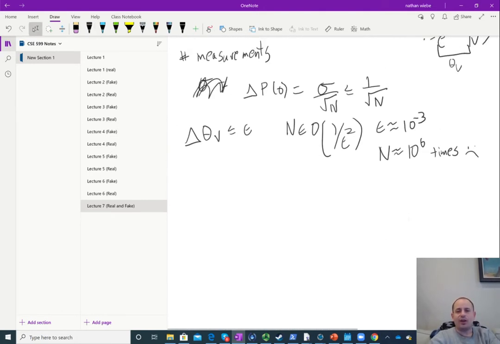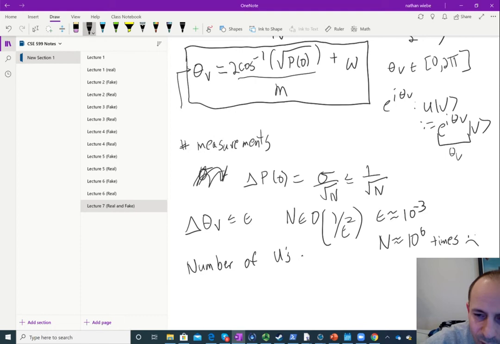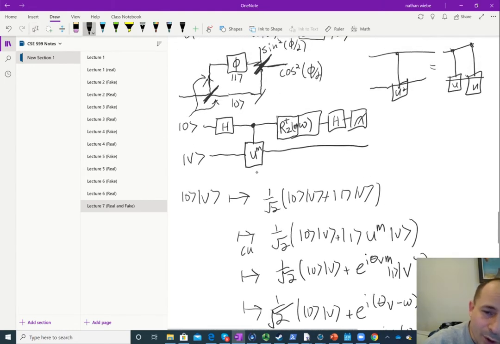So in this case, the number of U's needed is actually really just n times m, right? Because every time we apply this circuit for this dumb version of phase estimation, we're applying the unitary in question m times.